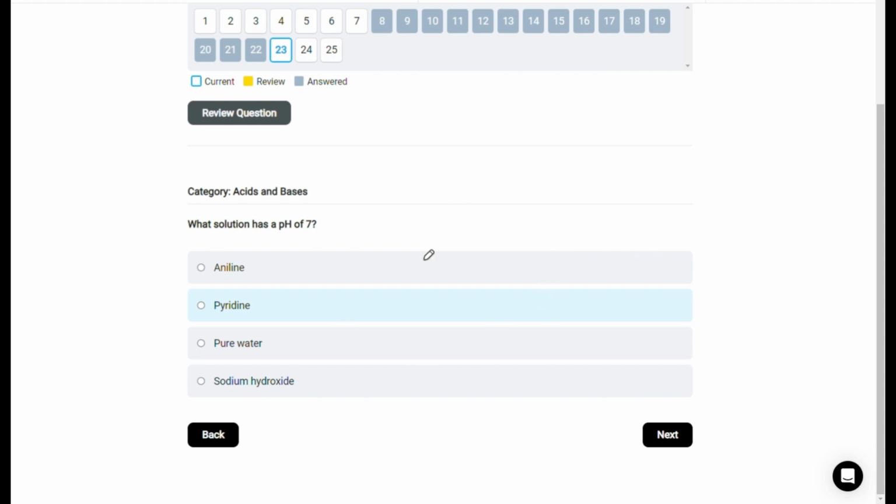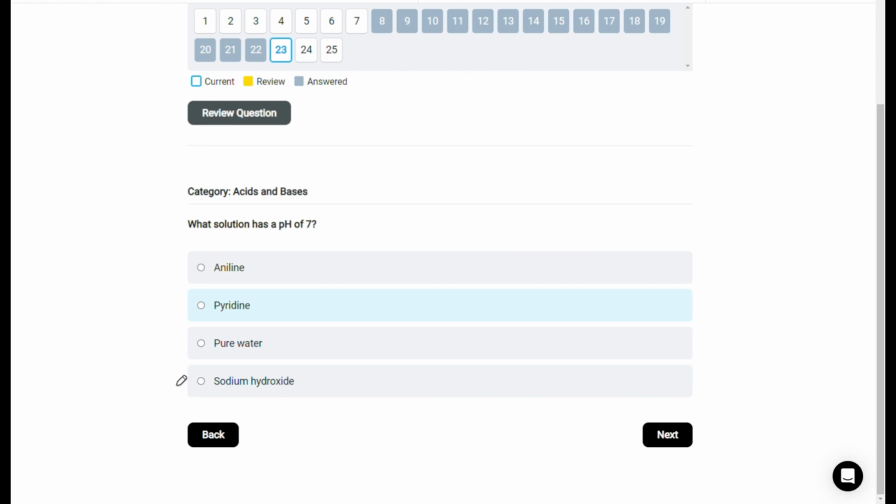So neutral things in the grand scheme are pretty basic, for lack of a better term. They don't interact with a lot in terms of being acid or base. They don't donate any protons, they don't want to take any in, and they don't have a lot of those really violent reactions that we see.